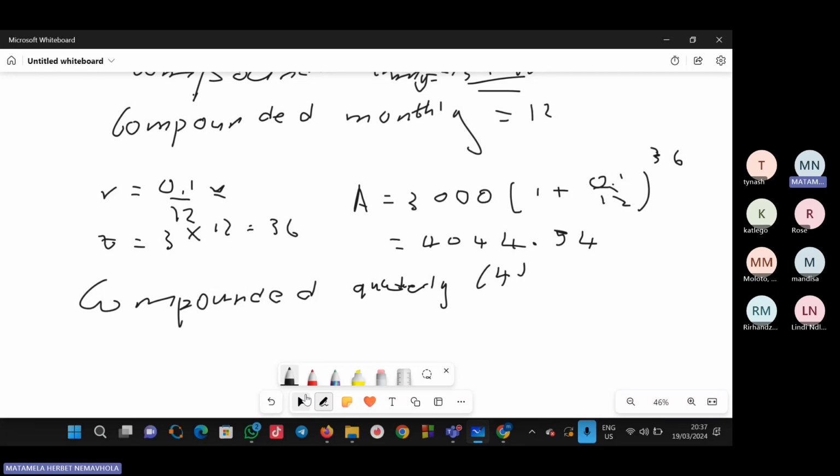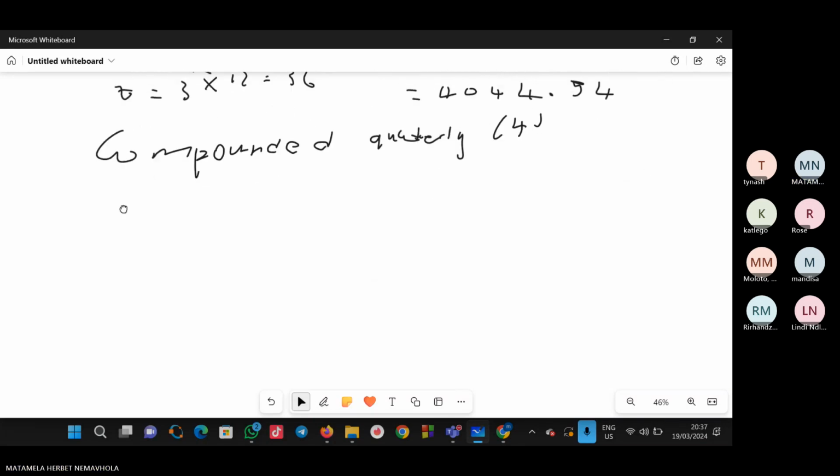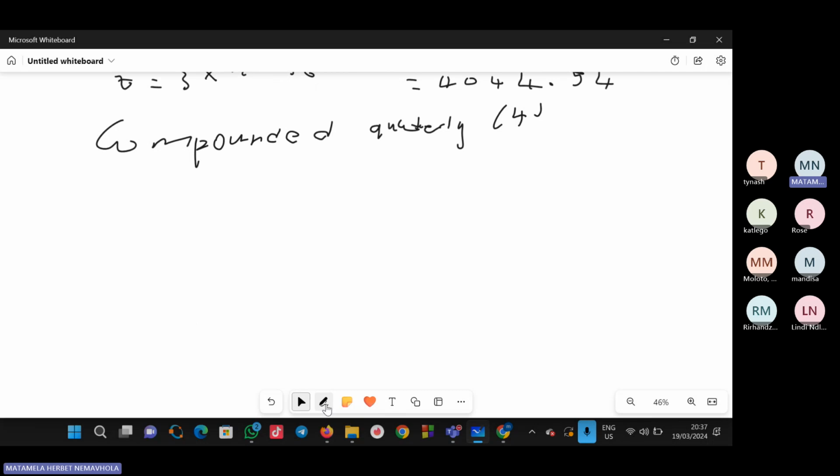So our R, which is equal to 0.1, we're going to divide by 4. And then our T, we're going to multiply by 4, which means it's going to be 3 multiplied by 4, which is equal to 12.